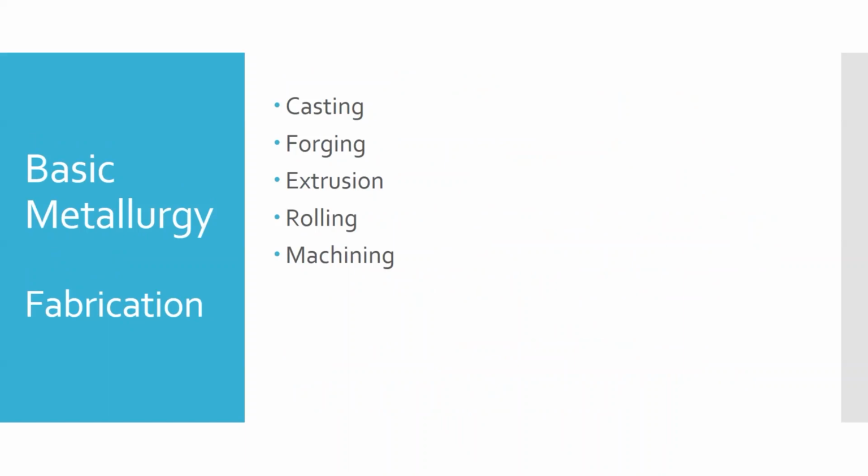But with all these metal parts, we have things like casting, forging, extrusion, rolling, and machining. And those kind of go back to those different flaw indications. A part that is a rough forging or a rough casting is going to have a rough surface, and so it's going to cause non-relevant indications because of that.